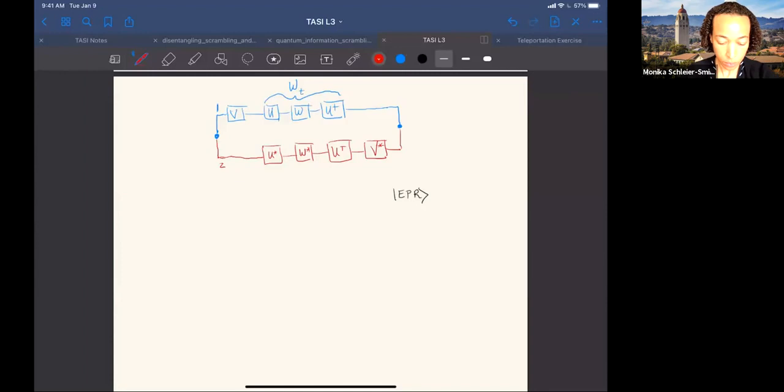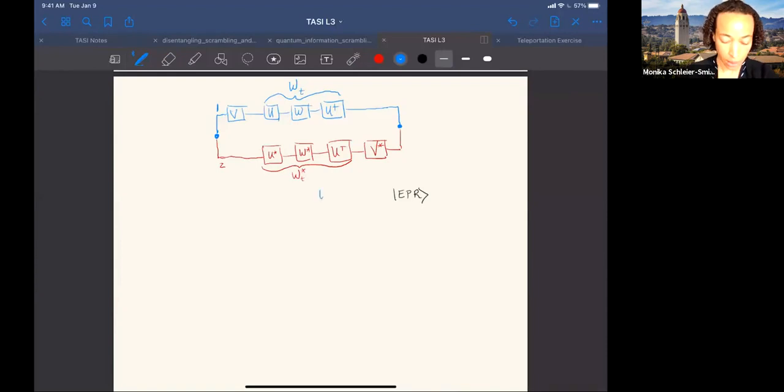And this is basically saying I'm going to act on subsystem 1 with, so that I don't have to write out too many symbols, I'm going to define the time evolved operator, again, as just WT. So I'm going to act on subsystem 1 with V followed by WT.